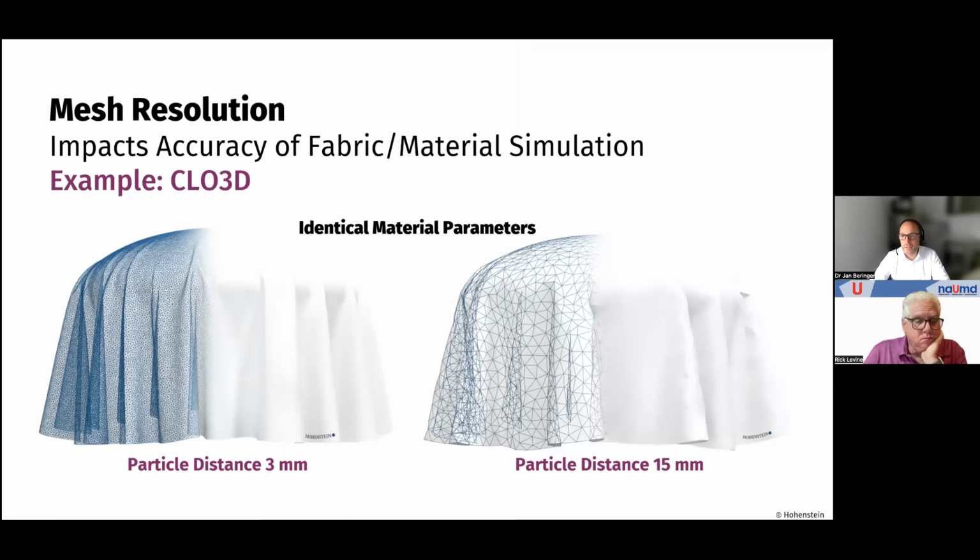And you see immediately a change in the appearance of this draping image. Of course, it's a little bit exaggerated. 50 millimeters is quite a large particle distance. Nobody would actually use that. And 3 millimeters might also be a little bit too small.